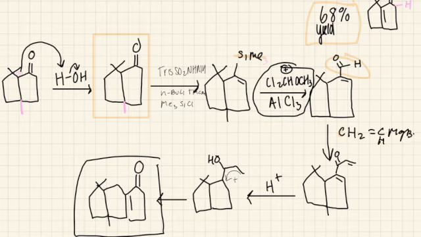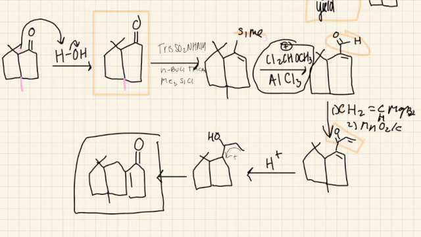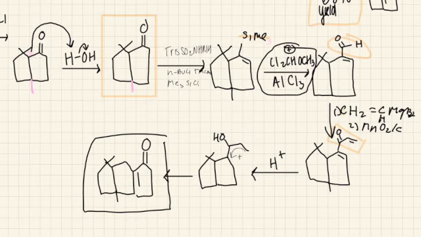So there was a Grignard reaction, and it's a two-step process. They did Grignard first, and then they did an oxidation, and that made this ketone here. They hydrogenated it, and it produced an alcohol.